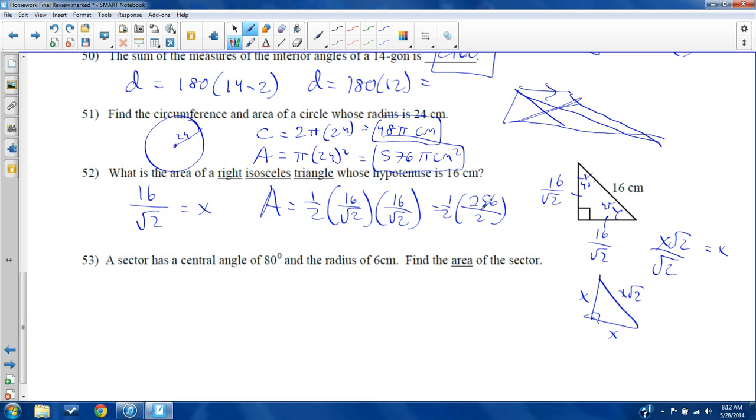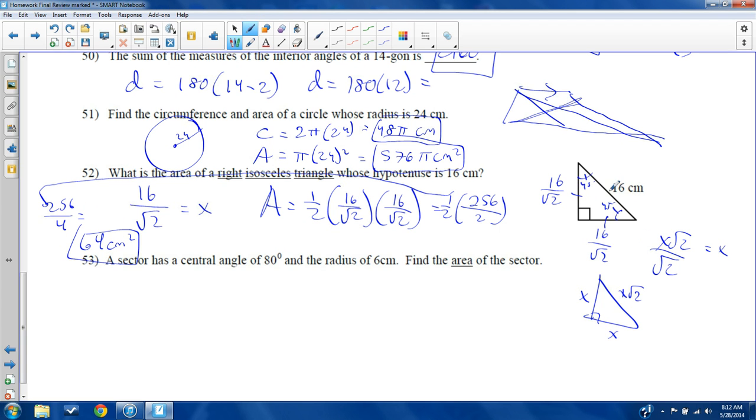So that's 1/2 times 256 over 2, 256 over 4 equals 64. So 64 square centimeters is the area of my isosceles right triangle.